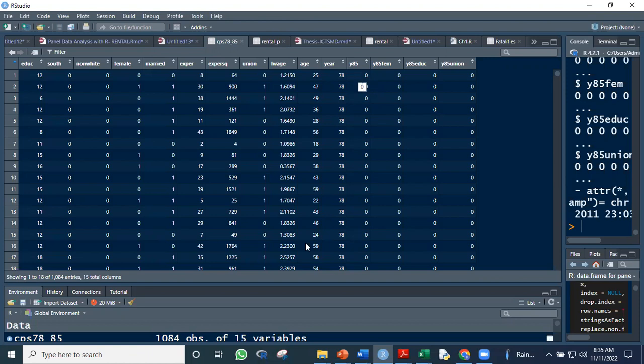Because there should be 1,084 entries. So 2 years. So these are 500 plus 500 plus 542 individuals. There are 542 individuals because 1,084 entries, so divide by 2.